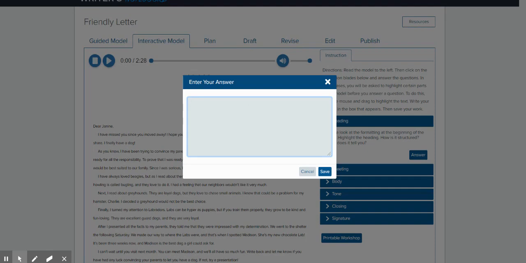So now we're going to write in complete sentences using proper grammar and checking our spelling this answer.